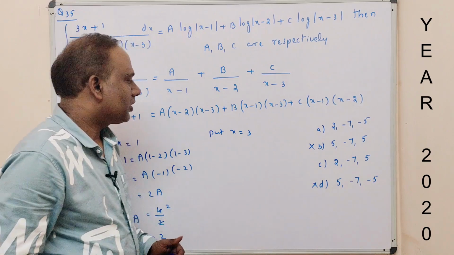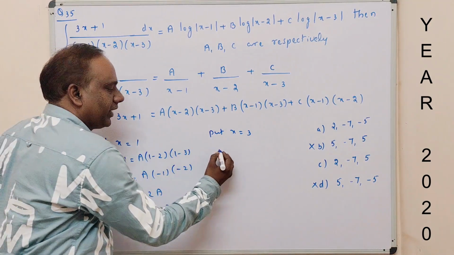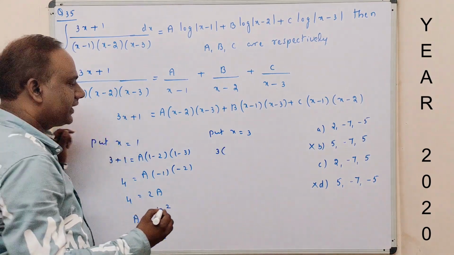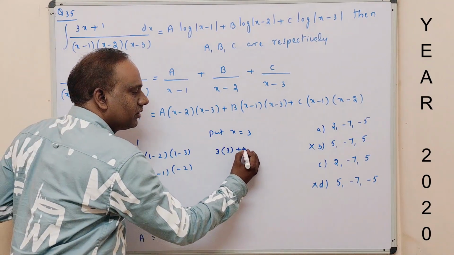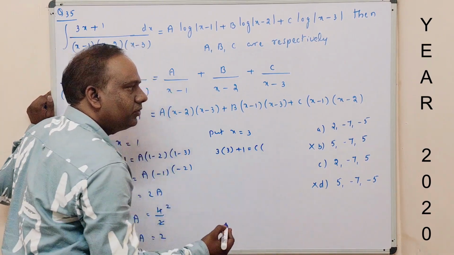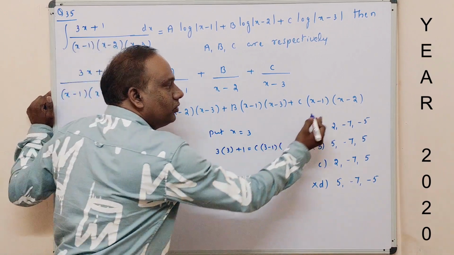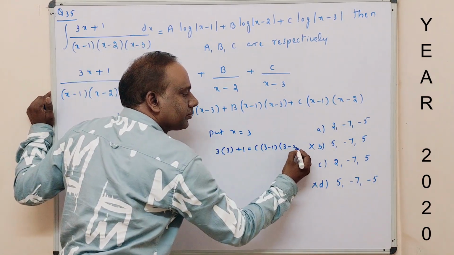That means if you substitute x is equal to 3 here, okay, I write one step extra. 3 into x value 3 plus 1 is equal to c into x value 3, so 3 minus 1 into 3 minus 2.